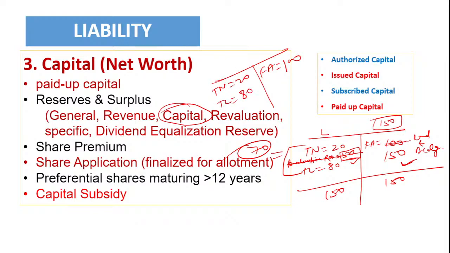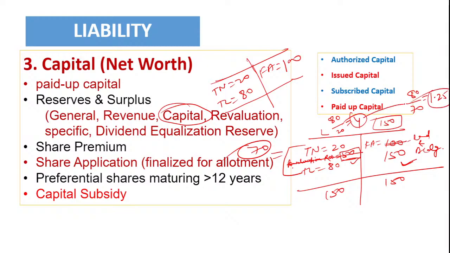So now the actual position has come back if you remove the revaluation reserve from the liability side and the same amount from the fixed asset. Then you calculate the ratio. From the first ratio, 80 by 20, the leverage ratio, the D ratio, was 4. And if you calculate including the revaluation reserve, the figure will be 80 divided by 70, so it will be hardly 1.25 or something.